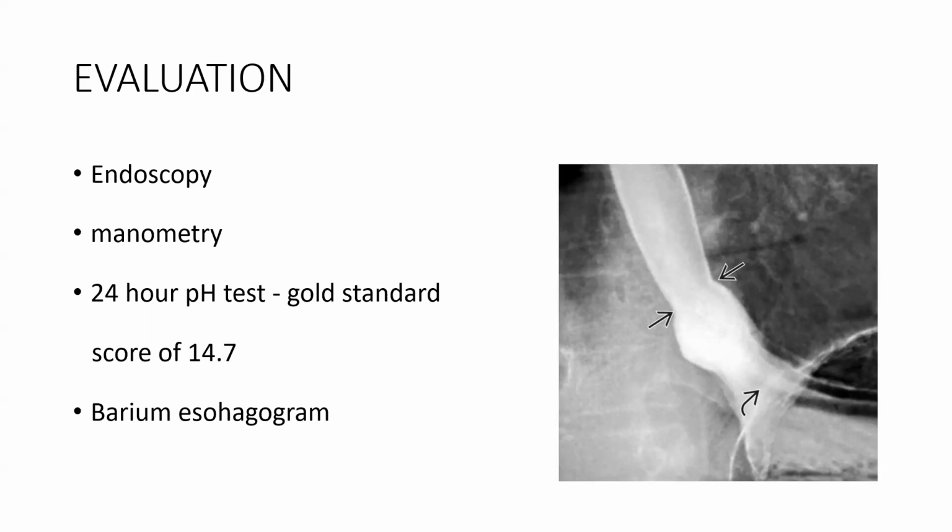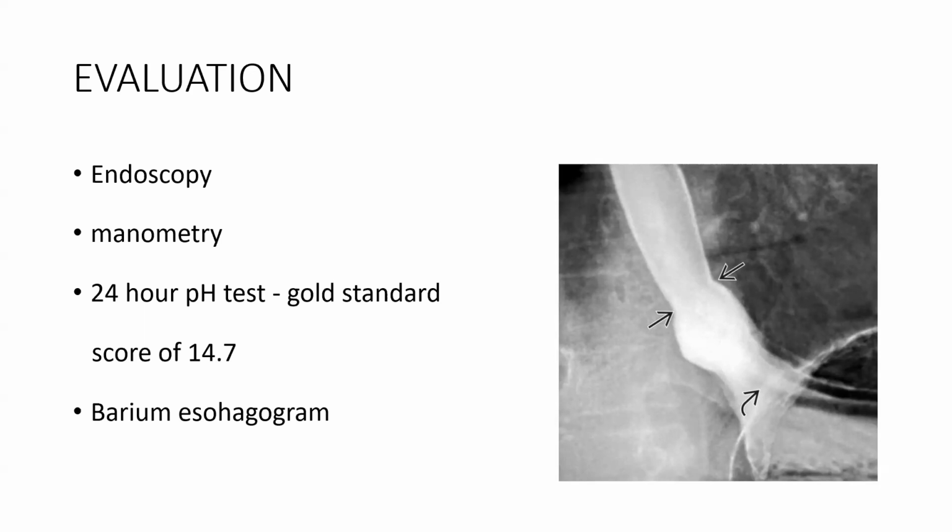The data obtained is quantified using the DeMeester score, which is based on several parameters that include the amount of time the esophageal pH is below 4, the number of reflux episodes, the duration of the longest reflux episode, and the total number of reflux episodes lasting longer than 5 minutes. A total score of 14.7 or above indicates significant gastroesophageal reflux.